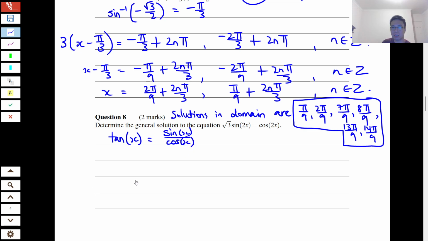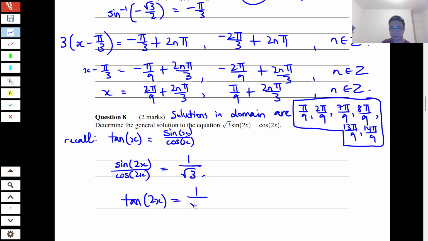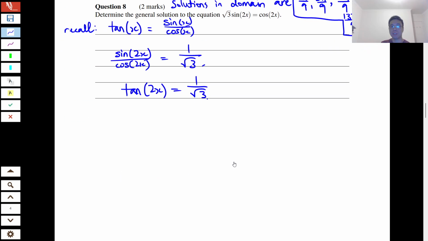So what I can do here is divide both sides by cosine of 2x and divide both sides by root 3. And now I've gotten back to the equation tan of 2x equals 1 on root 3. And my general solution for tan is the inverse tan of my ratio plus n pi, where n is an integer.